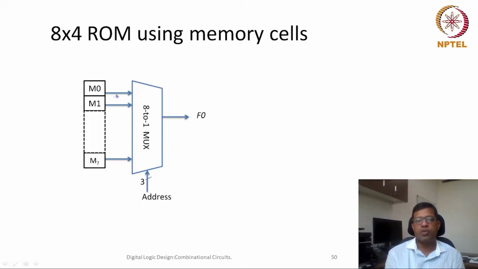So the output of each would be given to the multiplexer, and the 3-bit address ABC will go here, and the output would be F0. Similarly, we can have the memory cells for all the other outputs F1, F2, F3, and the total number of memory cells would be 32, and the corresponding memory cells will go to 4 different multiplexers, and F0, F1, F2 and F3, 4 outputs will come.